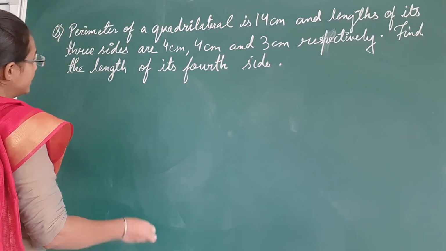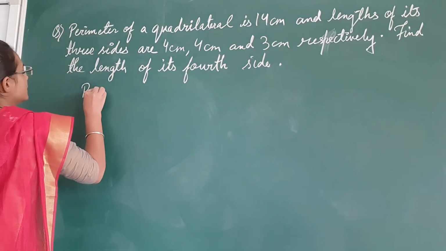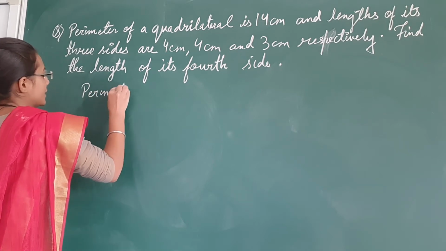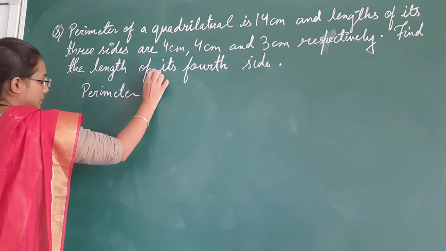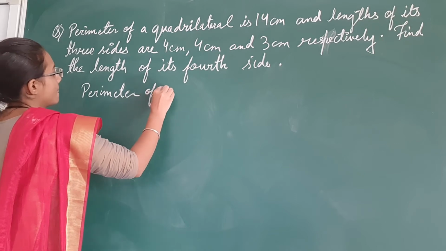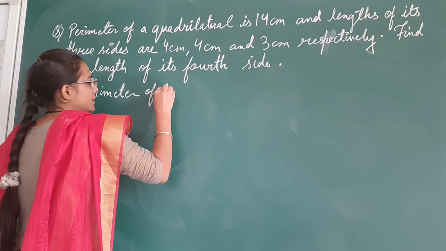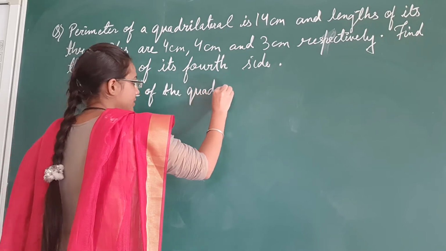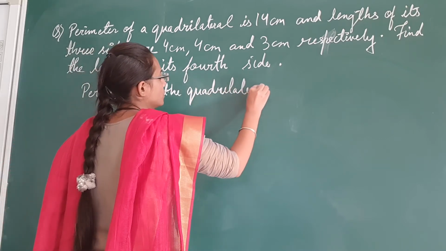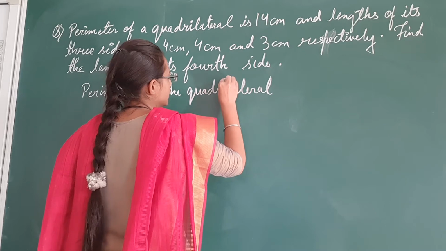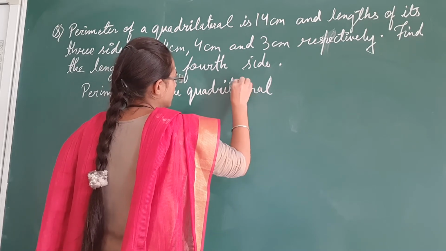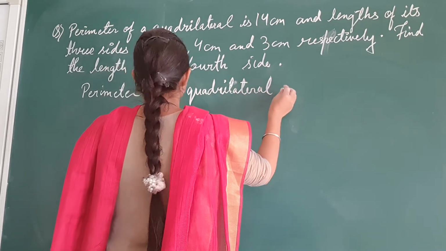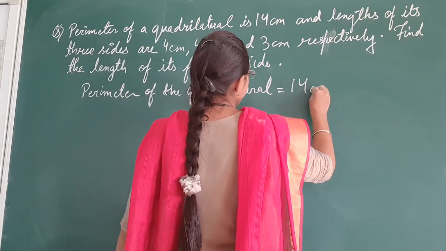So what is all given here? First of all, the perimeter of the quadrilateral is given, equal to 14 centimeter.